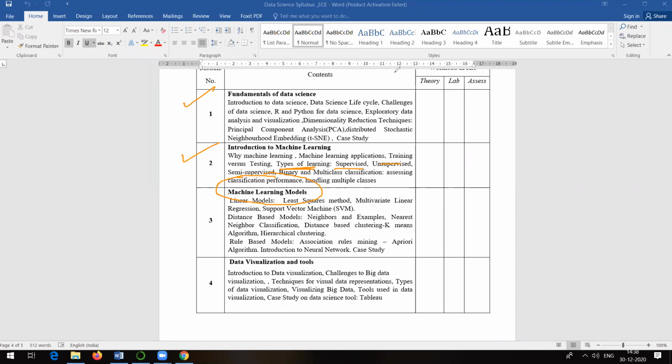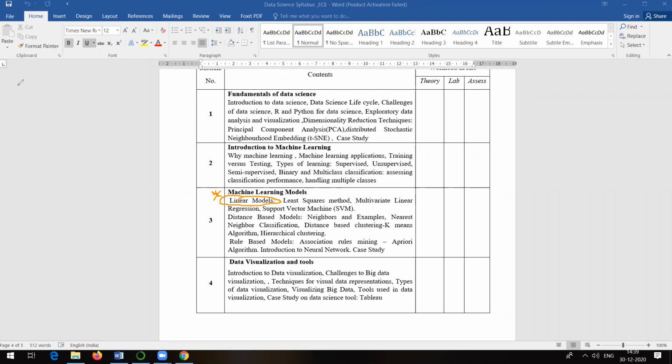Okay. Now, as we want to start with this third unit, machine learning models, the first topic they have mentioned is linear models, right? To understand these linear models, I will try to discuss linear regression.